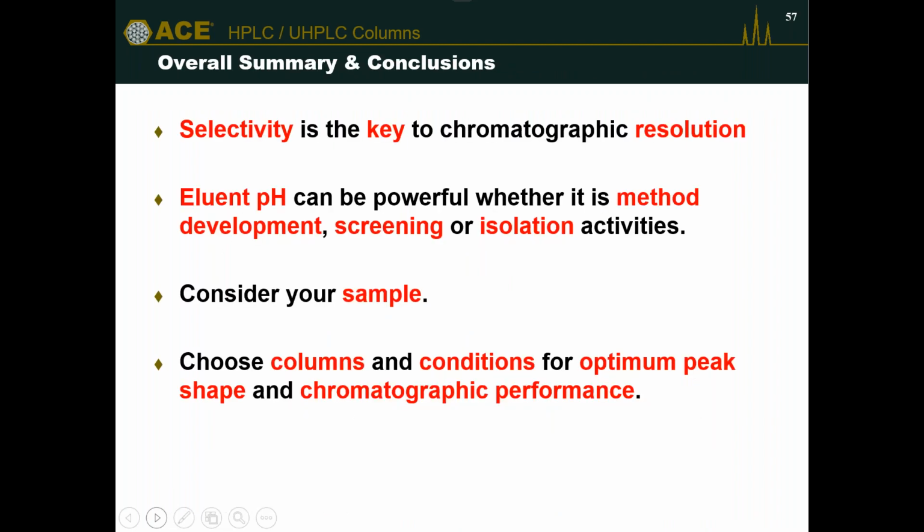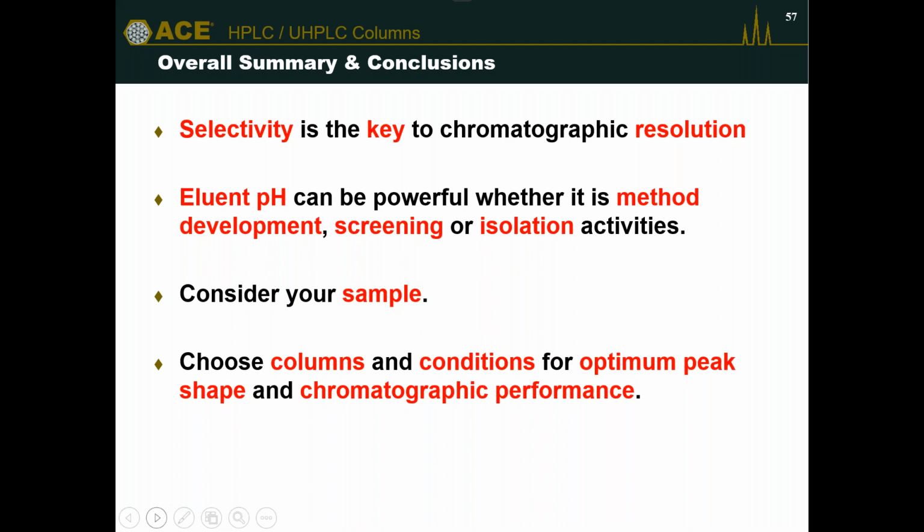So really, in summary, we have looked at different factors that affect selectivity, the pH being really the most significant of those. You have to think about how you make up pH, how it's going to affect your analytes, and also that you are doing everything consistently, because that's really key to getting robust, reproducible methods.